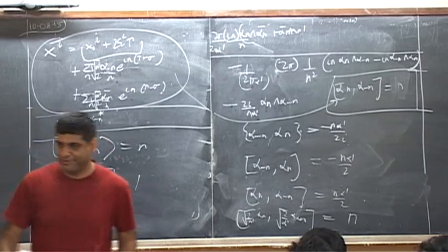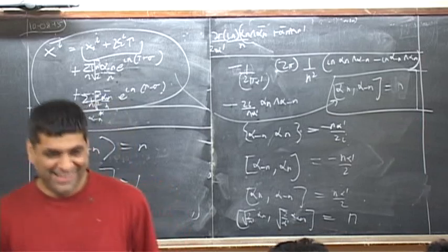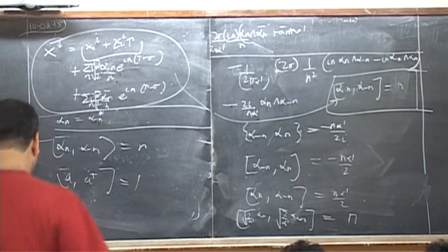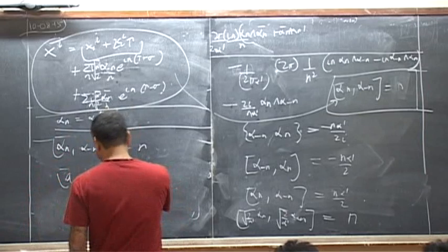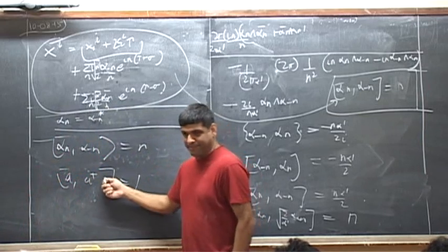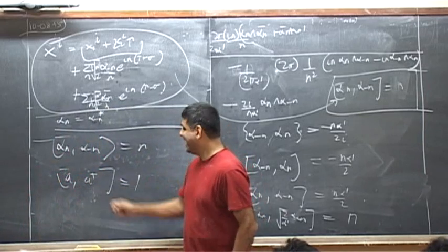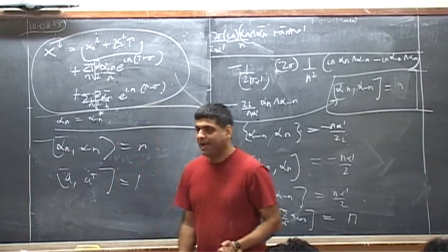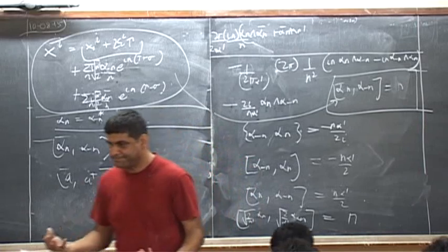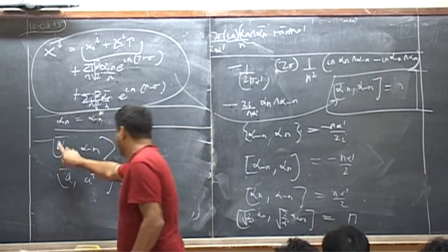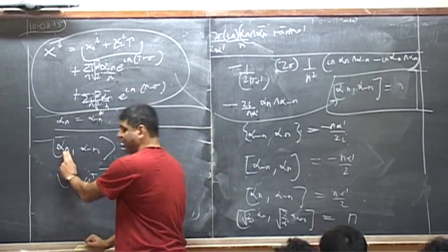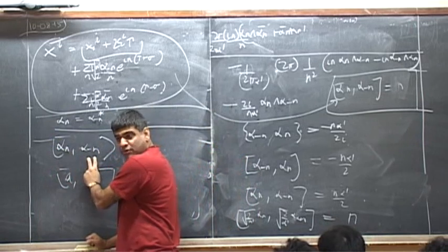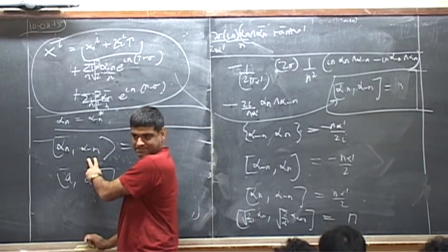We're setting h bar equal to 1. So these alphas are like square root n times destruction or square root n times creation.